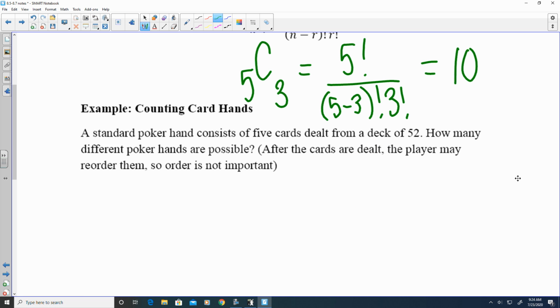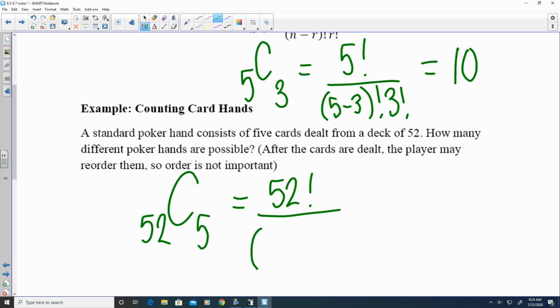Okay, a couple more questions about combinations. A standard poker hand consists of 5 cards dealt from 52. Since order does not matter, once you put the cards in your hand, it doesn't matter the order of the cards, you still have them in your hand. So 52C5: 52 factorial over 52 minus 5 factorial, 5 factorial, which is a big number.